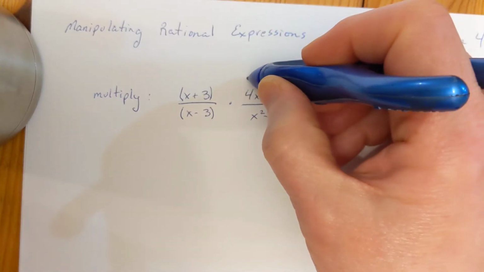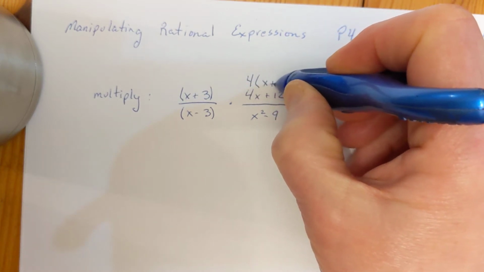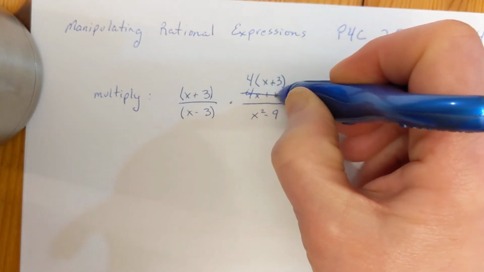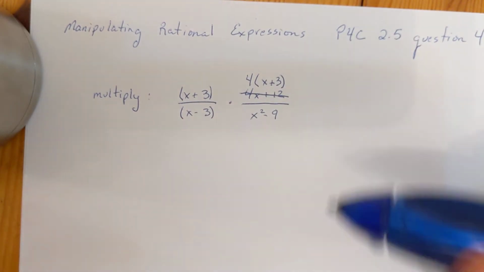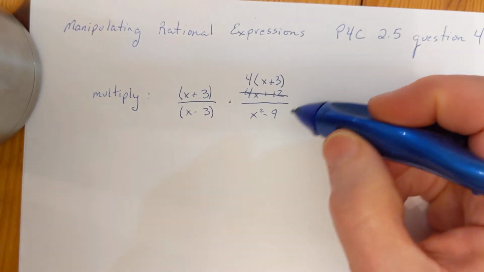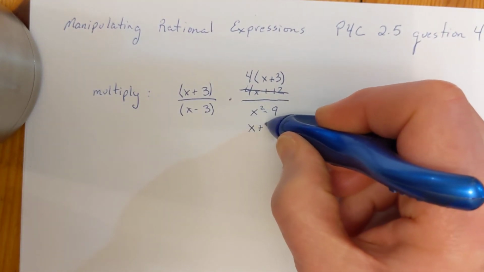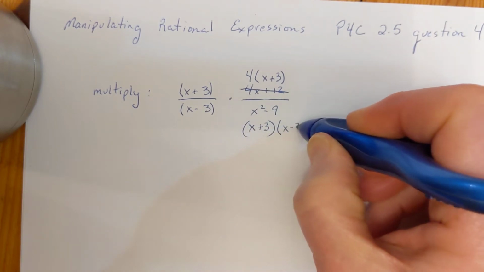That helps me remember that they are factors, and they have to stay together. 4x plus 12, I can factor out a 4 to give me 4 times x plus 3. And so I'm going to cross out my 4x plus 12 just so I know that I have it factored just above it. X squared minus 9, these are perfect squares, the difference of squares, and it factors as x plus 3 times x minus 3.